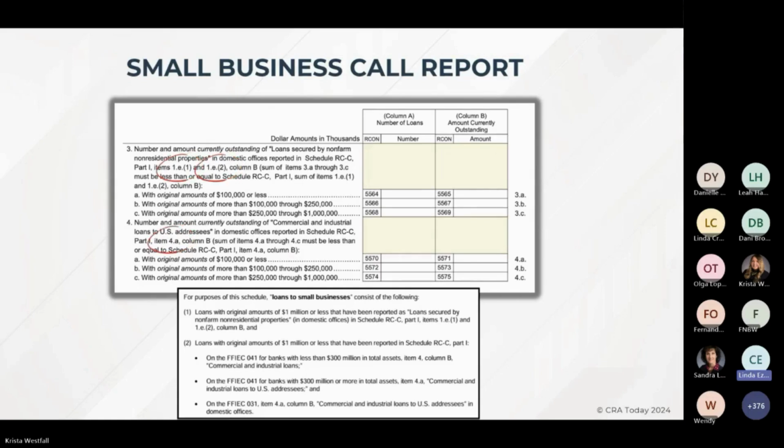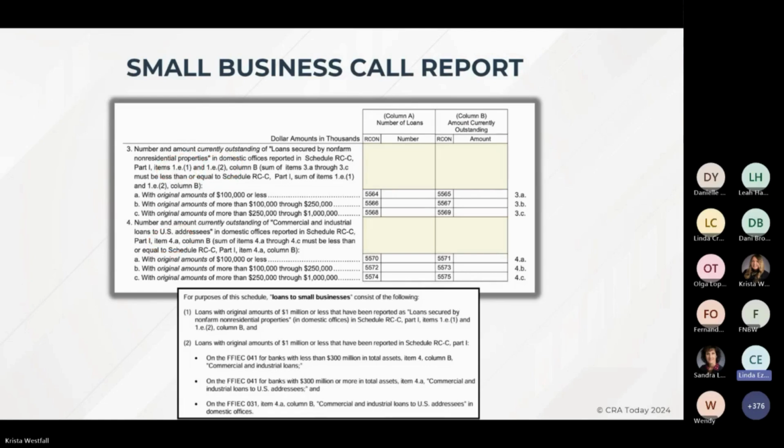Are we looking at classification of CRA small business loans, or are we looking at small business definitions as it relates to community development loans? But we'll stay focused on small business loans as it relates to CRA performance today.